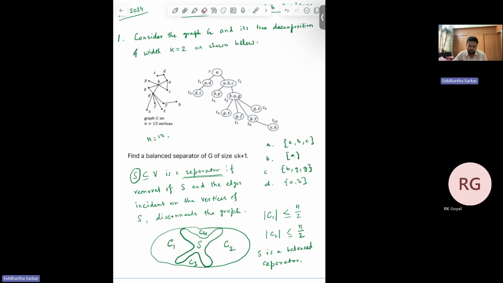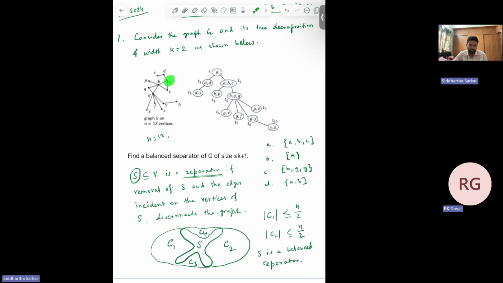Deleting the root means you are deleting exactly one vertex. That is A. So now on deletion of A, how many connected components shall we get? If we delete A, then we would be getting, say, two components.